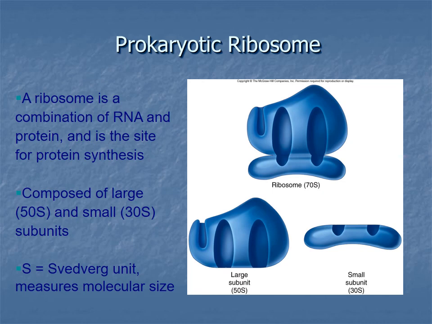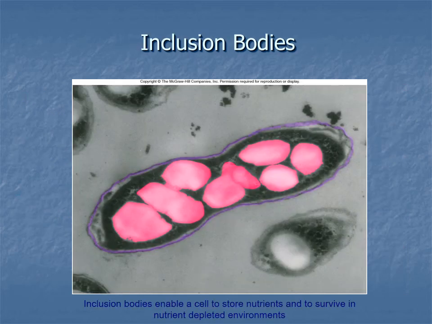There are 2 subunits, a large 50 and a small 30 sedimentation coefficient. Inclusion bodies enable a cell to store nutrients, and these organelles help microorganisms survive in the environment.